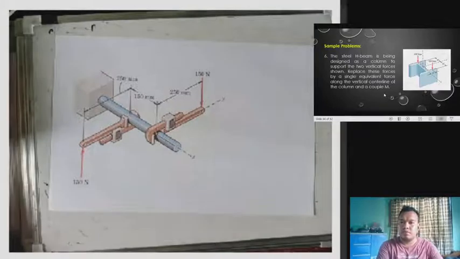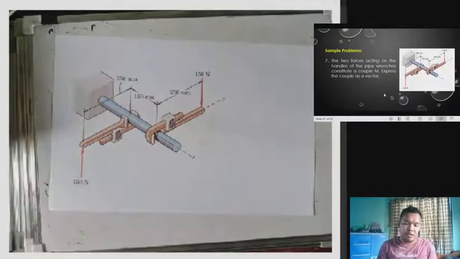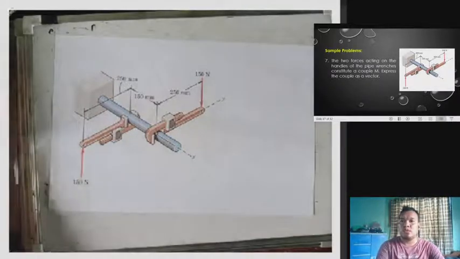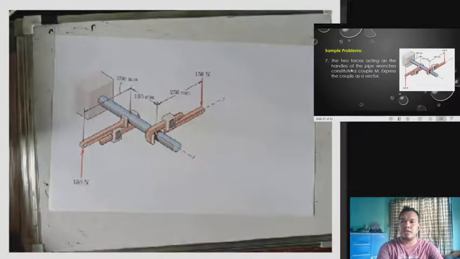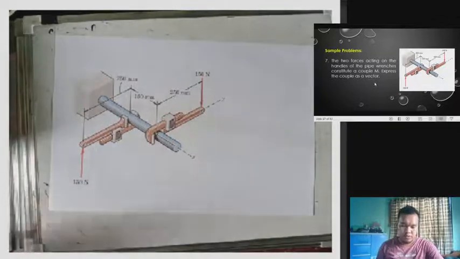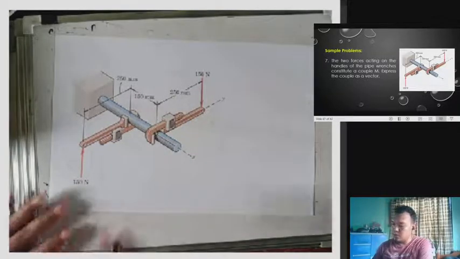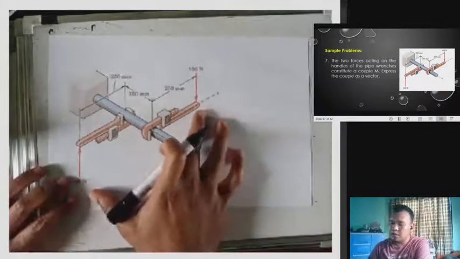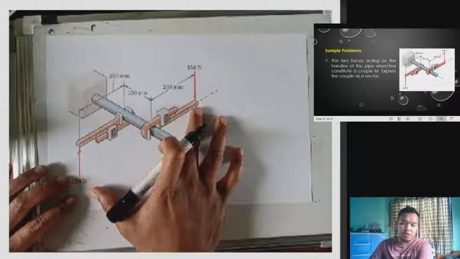Okay. So we have here problem number 7. Two forces acting on the handle of the pipe wrench constitute a couple M. Express the couple as a vector. Okay. So, itong couple daw na to is kukunin lang natin siya as a vector, no?